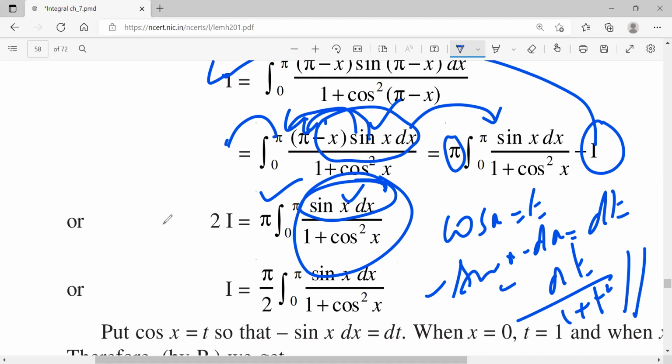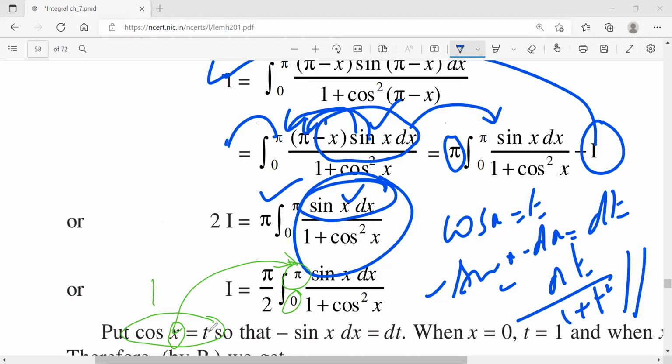In the sense, if I put cos x is equal to t here, now what is my x value? When x is equal to 0, what is t value? Cos 0 is 1. When x is equal to pi, what is the t value?